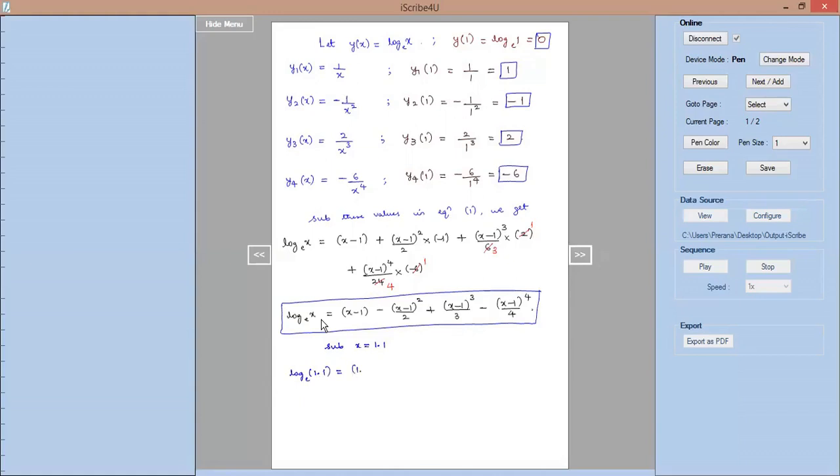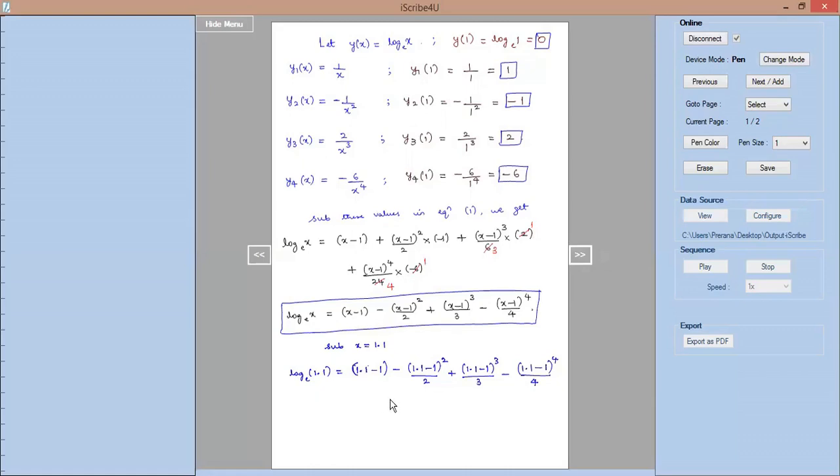So this will be 1.1 minus 1 minus the whole 1.1 minus 1 the whole square divided by 2, plus 1.1 minus 1 the whole cube divided by 3 minus 1.1 minus 1 the whole power 4 divided by 4. So you can just take up a calculator and we can solve this. Using the calculator we can obtain the answer for this.